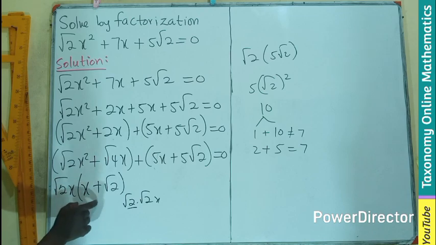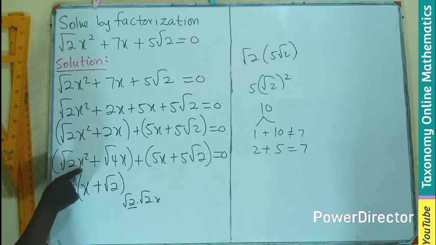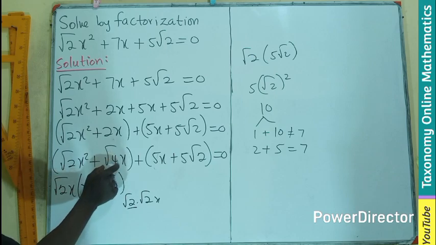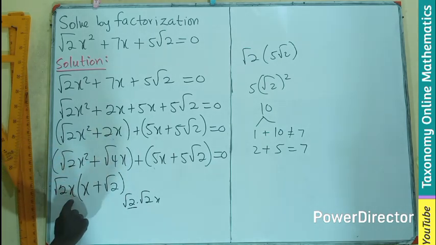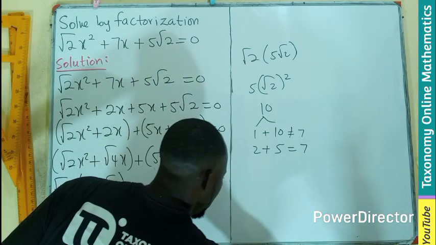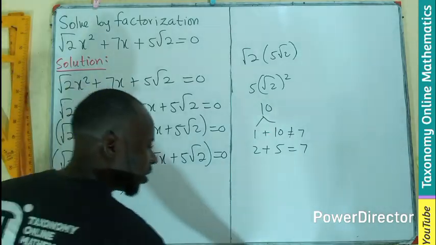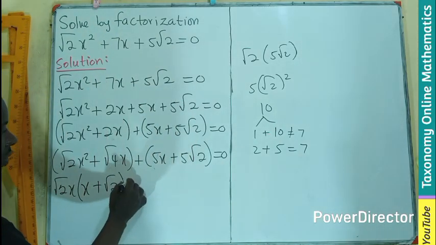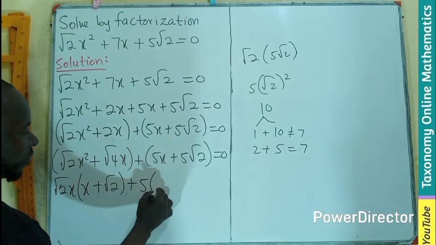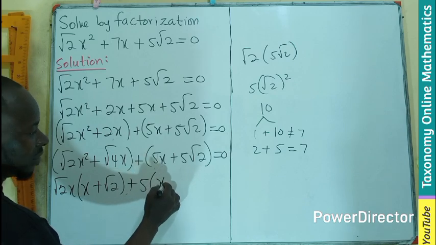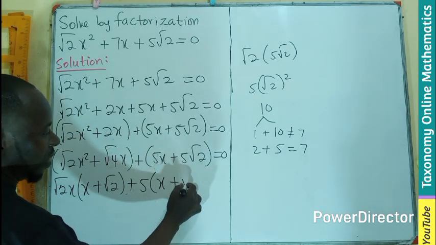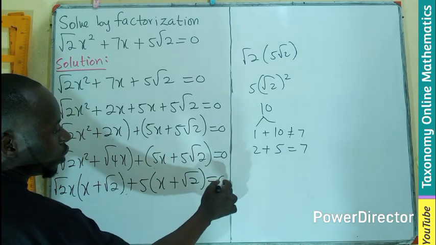So when you expand, root 2 times root 2 will be root 4, which gives you 2 times the x. Then no foreign material is being introduced. So plus, the common factor will be 5. Dividing this will give you x. When you divide here, you still have root 2, equals 0.